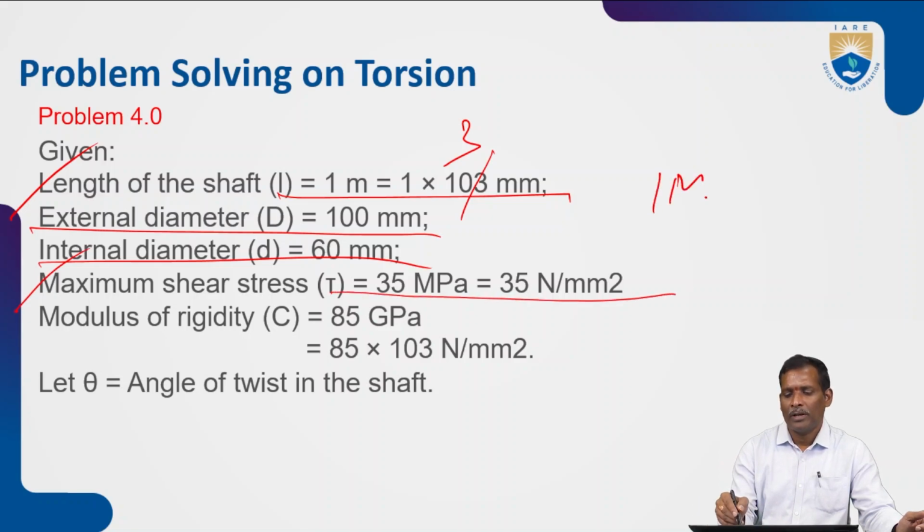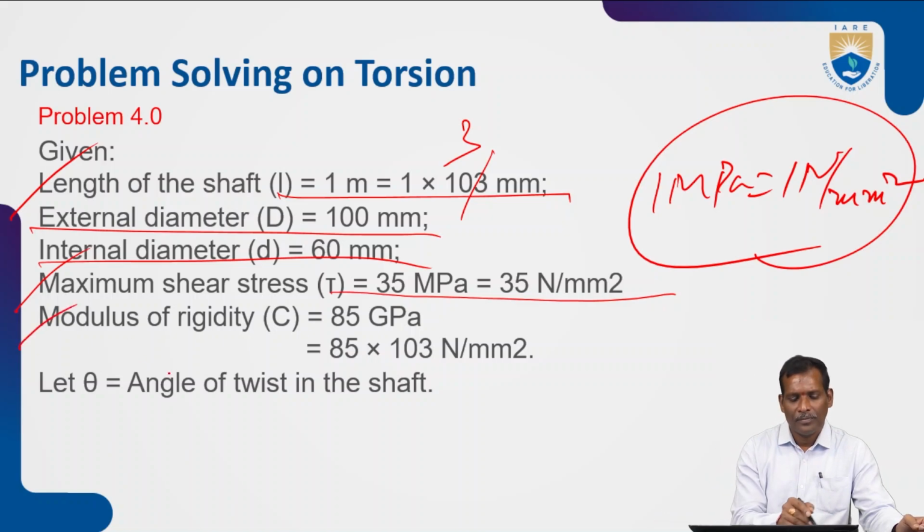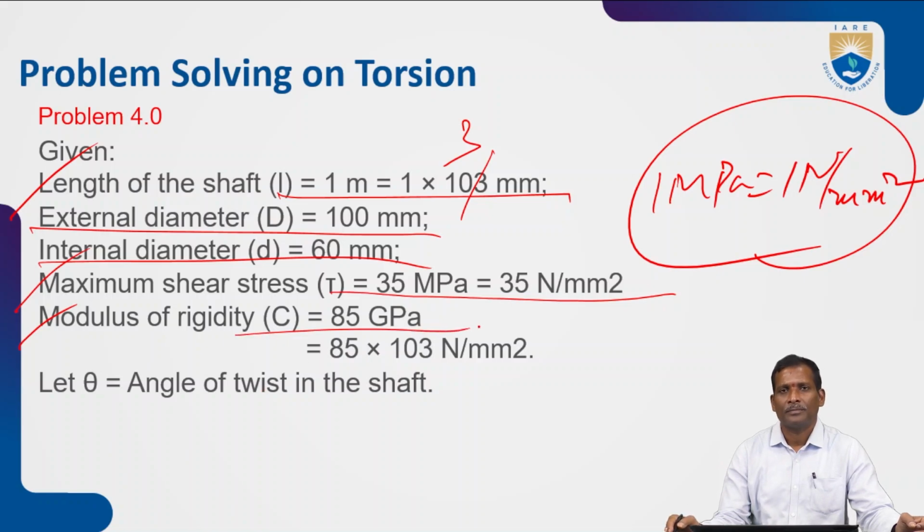So 1 megapascal is equal to 1 Newton per mm square. So 35. The modulus of rigidity, that is C, is 85 gigapascal, converted into Newton per mm square.